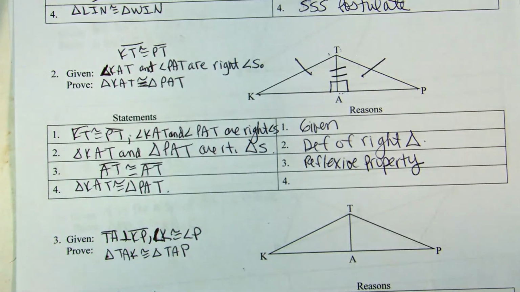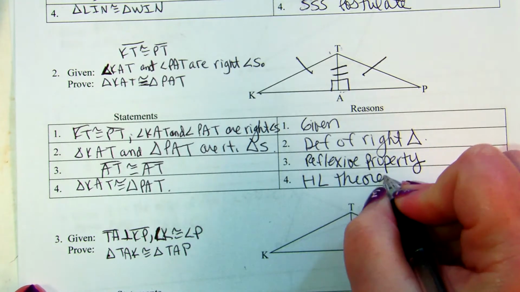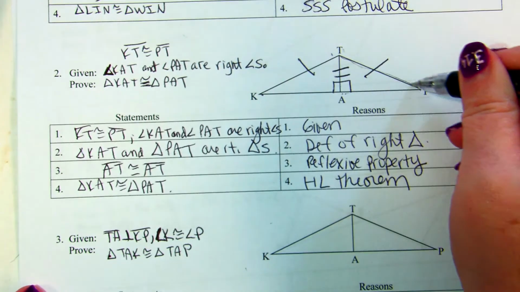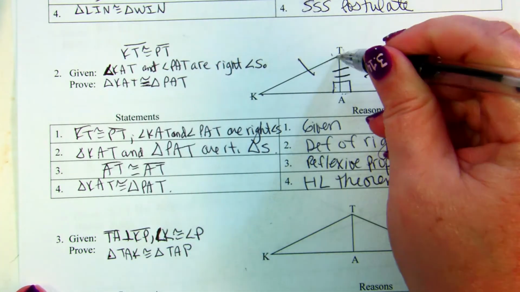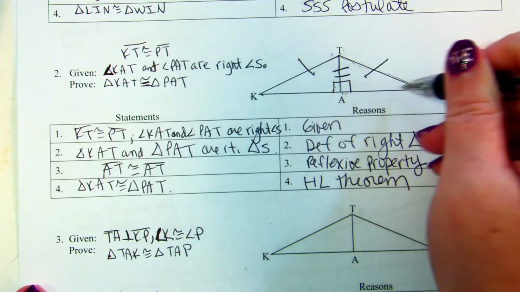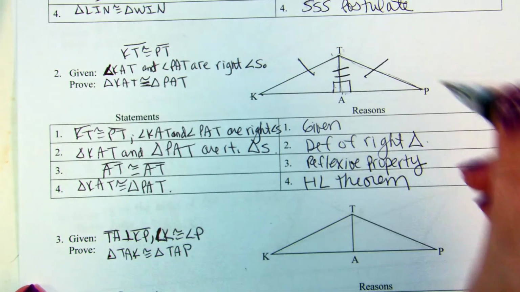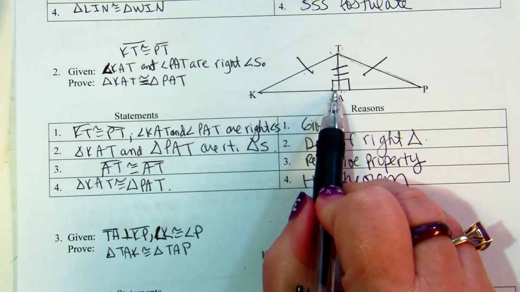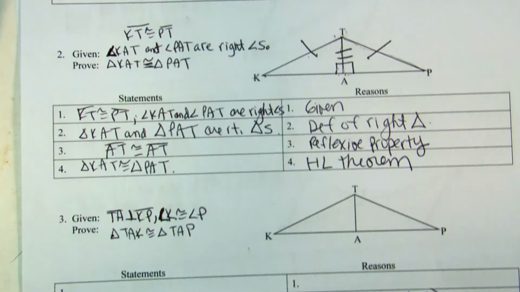And so it's HL theorem, because we have right triangles, and this is the hypotenuse of the triangles because it's across from the right angle, and this is a leg, hypotenuse leg, and we don't have any way of getting these 2 sides congruent, so it has to be HL. Otherwise it would be SSA, which is a bad word if you say it the other way. So we have that.